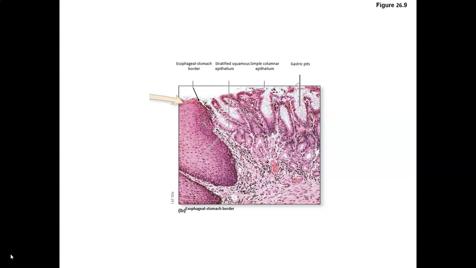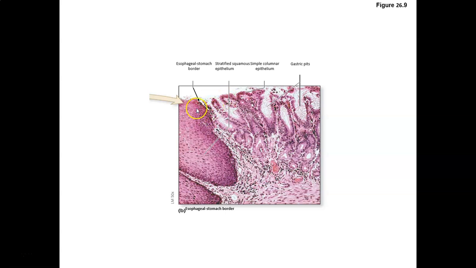Here is a histology slide showing you the cross-section of the esophageal and stomach border. So you can see the border right here. This side of the tissue is the stomach. You can see the gastric pit, right? And you can see also the simple columnar epithelium right here, it's the kind of epithelium that's inside of the stomach.